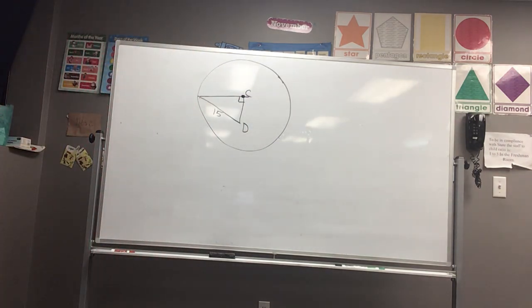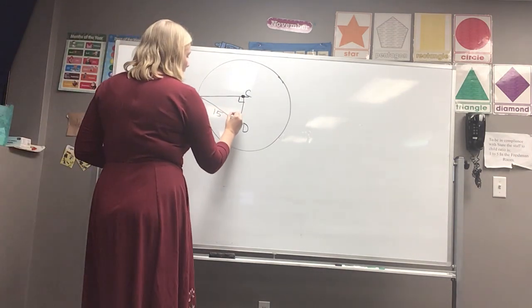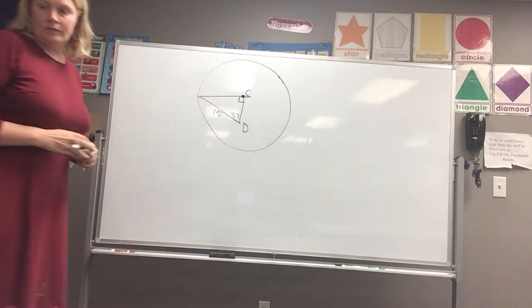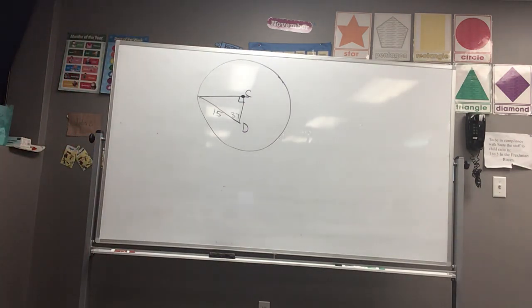So, in the figure, point C is the center of the circle. Again, apologize for my art. And the measure of angle D is 37 degrees. Which of the following expresses the length of the radius?